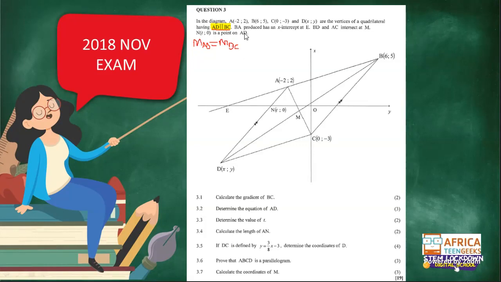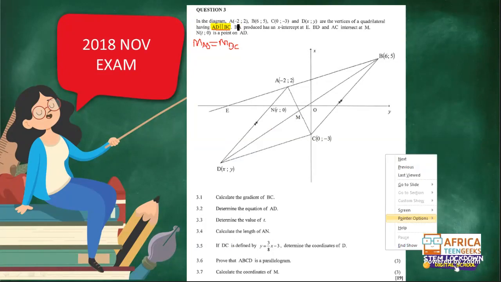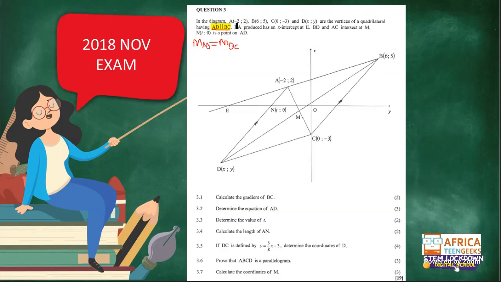Okay, and then we continue. BA has an x-intercept at E. So you have BA, which has an x-intercept at E. What do you know about an x-intercept?